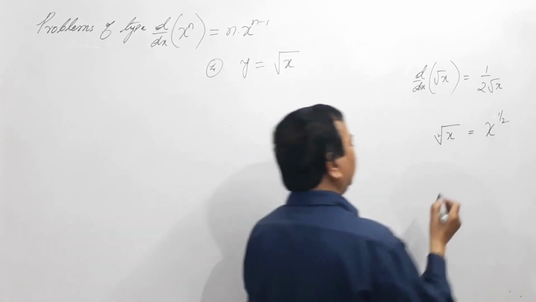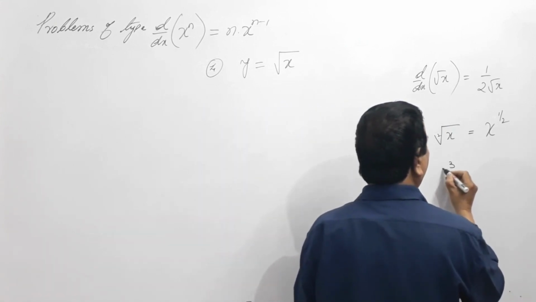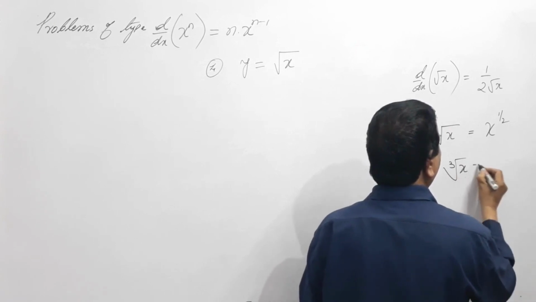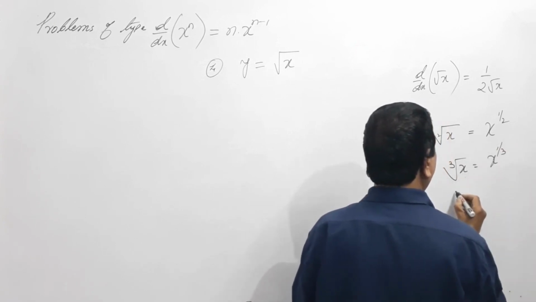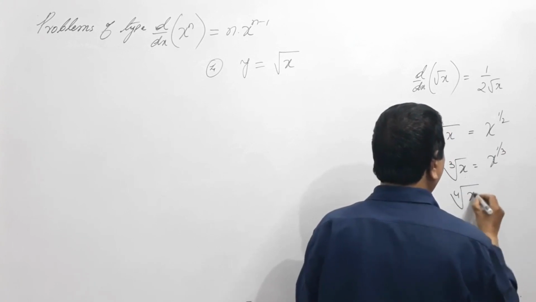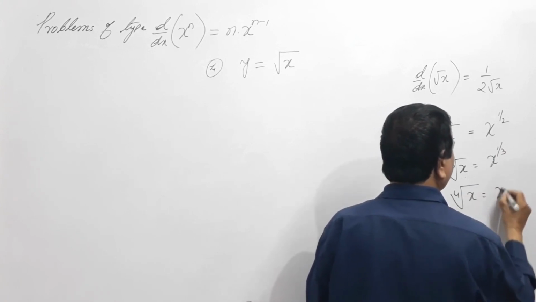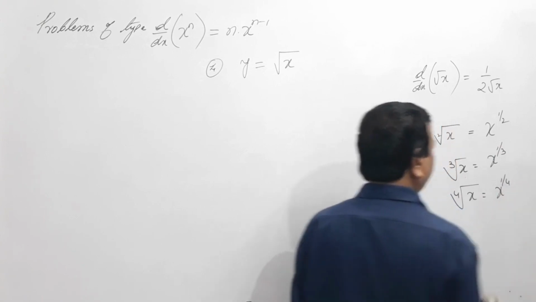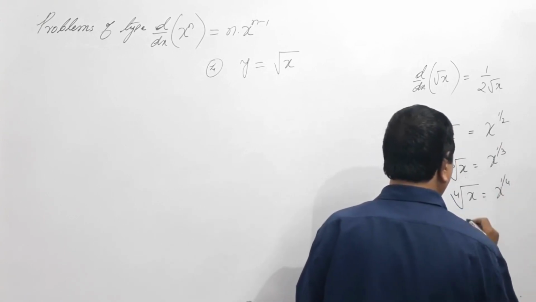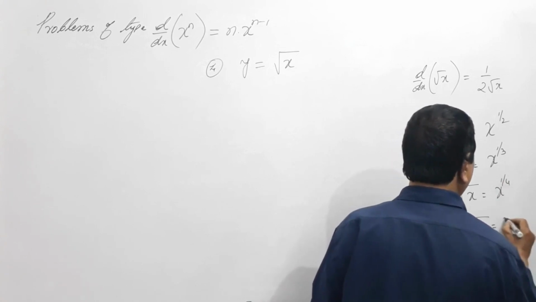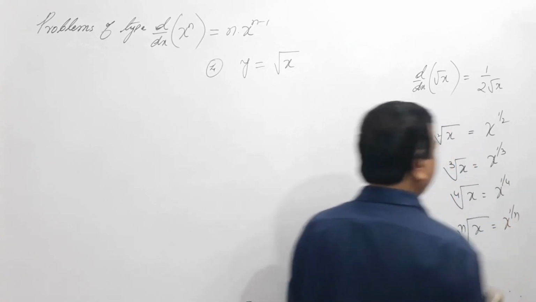So for example, cube root of x equals x to the power of 1 by 3. Fourth root of x equals x to the power of 1 by 4. Similarly, nth root of x equals x to the power of 1 by n.